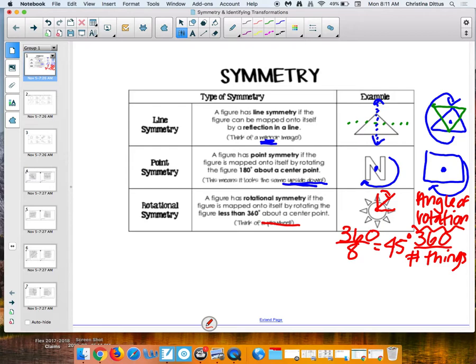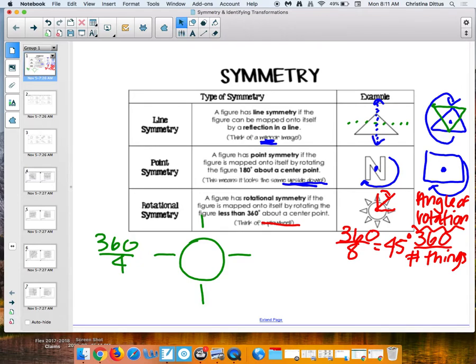Every 45 I rotate it, it looks the exact same. If I had a circle and then little lines like this, how many things do I have? 4. So you take 360 divided by 4. Does that make sense? So it's whatever your thing is that's the same.